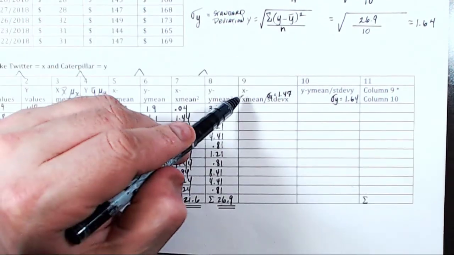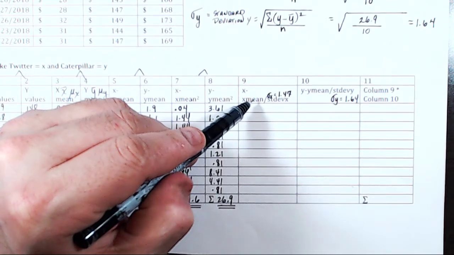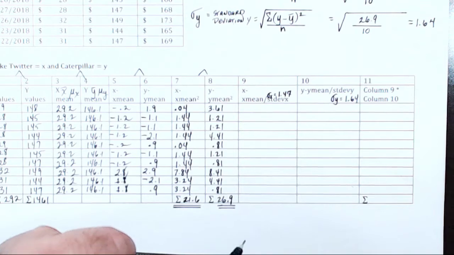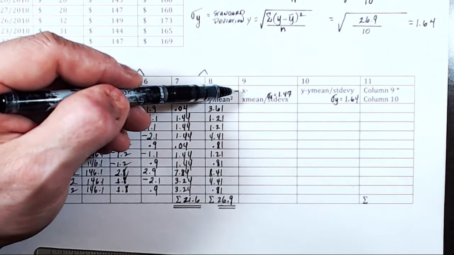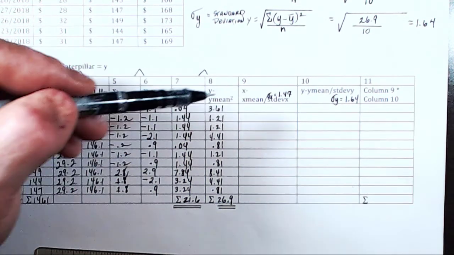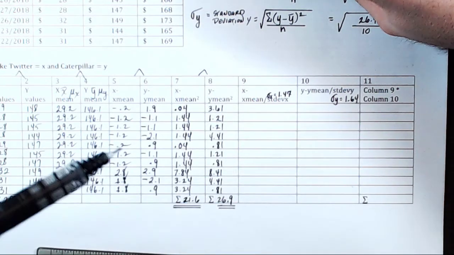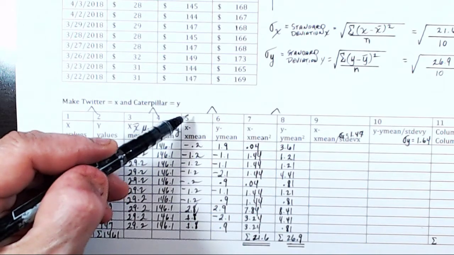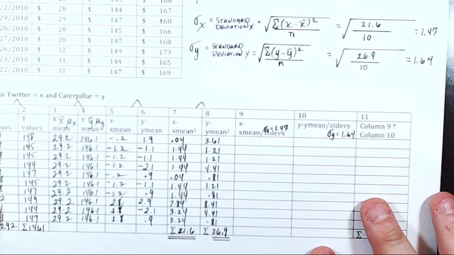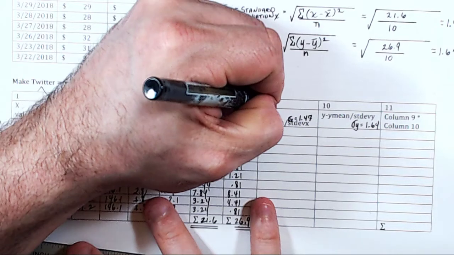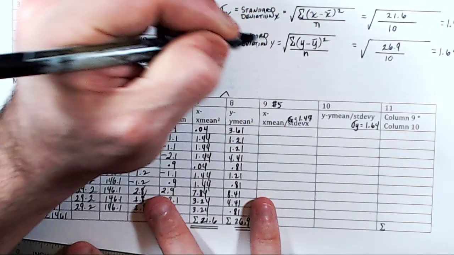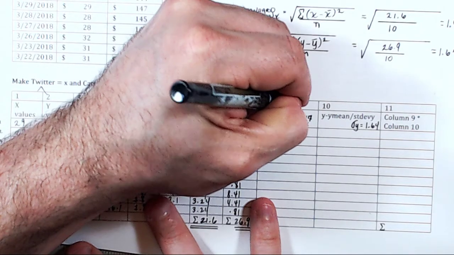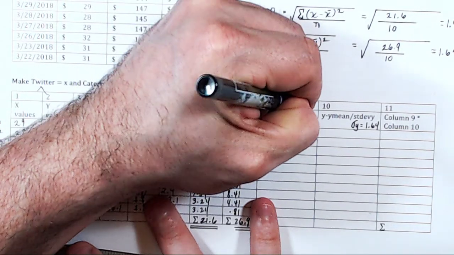Okay? So now we'll just proceed, because this stuff is actually pretty simple. It says here x minus x mean divided by 1.47, or the standard deviation of x. Well, have I gone anywhere on my table where I've done x minus x mean? Yeah, I do, actually. It's over here in column 5. So in column 9, it's saying take the values in column 5 and just divide by the standard deviation of x, or 1.47.